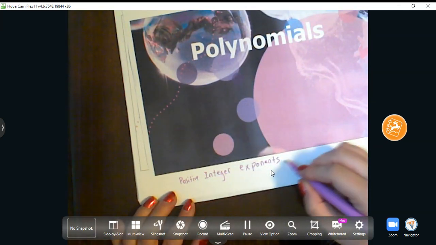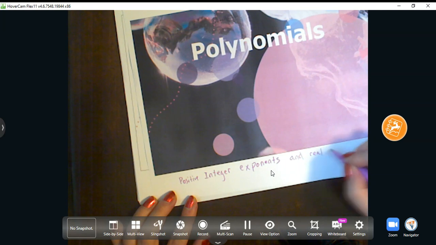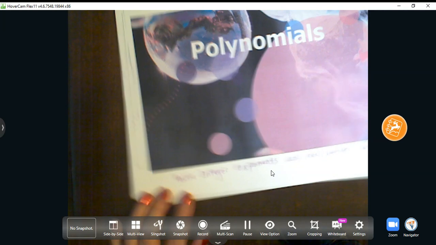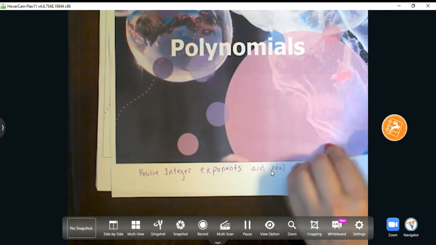And then they also have to have real number coefficients. So those are the main two things that we're looking at when we're looking at polynomials.